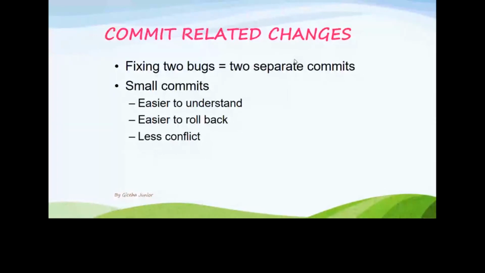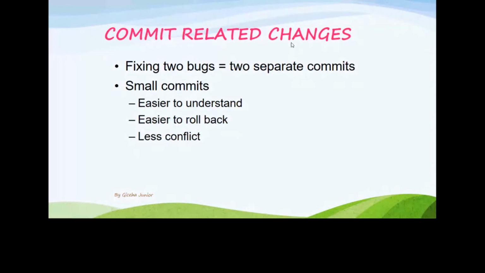Git is the version control system, so as you make your changes, you give it a commit. The commit is a short statement explaining what you are changing so as to keep track of the different versions. What he was talking about is that when fixing 2 bugs, you write 2 separate commits.